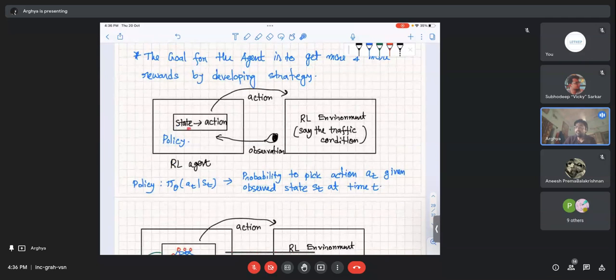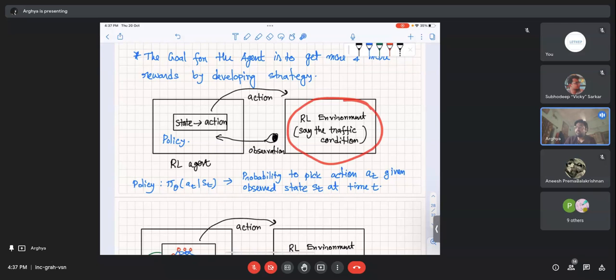Then where exactly the neural network comes into the picture is this part. This state to action mapping that it's taking is called the policy. So the policy is basically, given the state, what action it should take, and that action taking also depends on some probability distribution. I will go there. The probability to pick some action a_t given observed state s_t. You can think of your snake game as well.